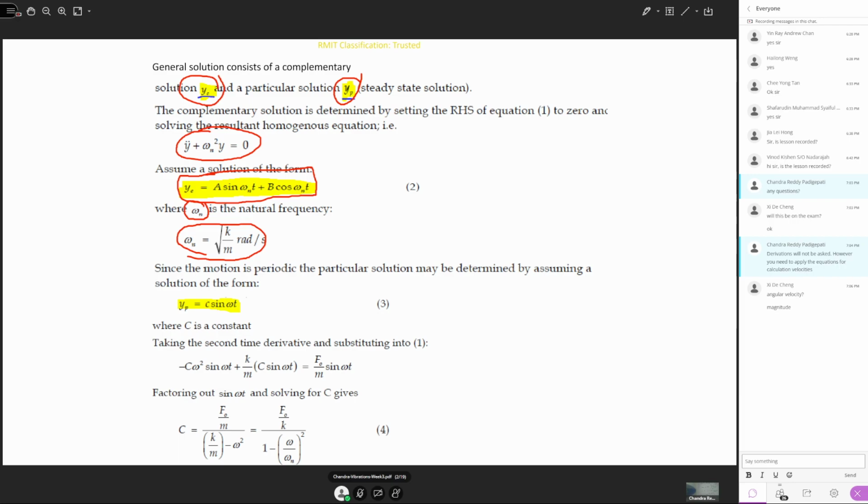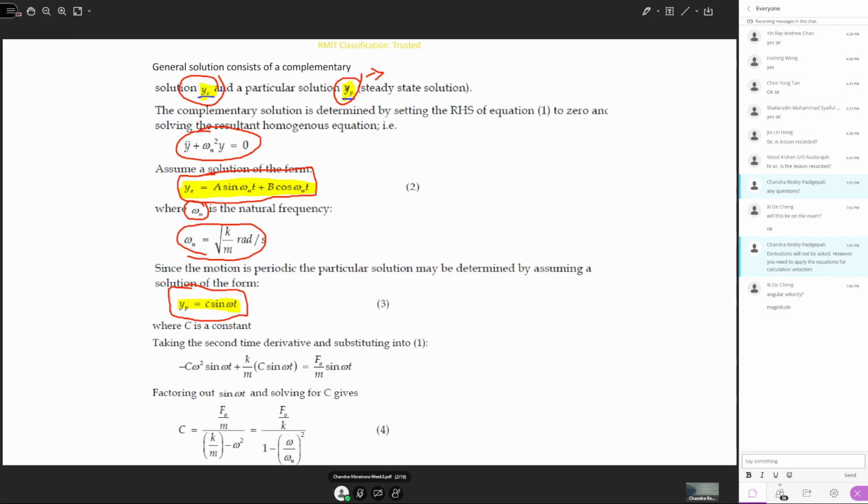Now we need to find the particular solution. Why a particular solution? Because the right-hand side is no longer zero. So now we let the particular solution be a constant c multiplied by the sine function, sine omega t.